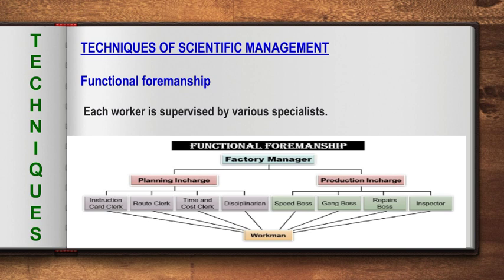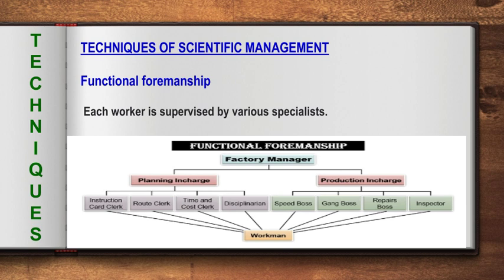In functional foremanship, there is a separation between planning and execution. This means that one set of people would do all the planning related activities and another set of people would execute the plan. Taylor suggested setting up 2 departments.